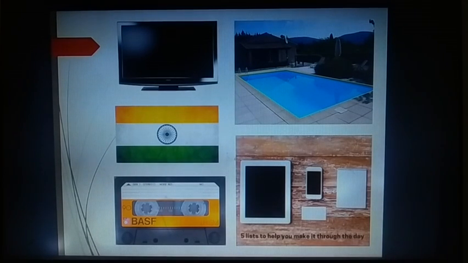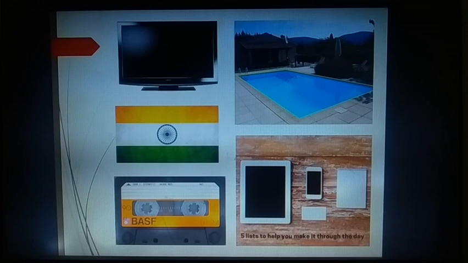Here we can see a TV screen, a swimming pool and the tiles around it, a flag, a cassette, a mobile, book, paper and a tablet.